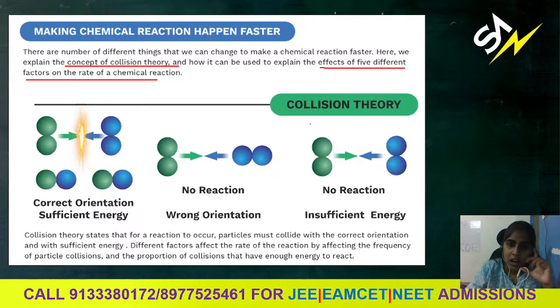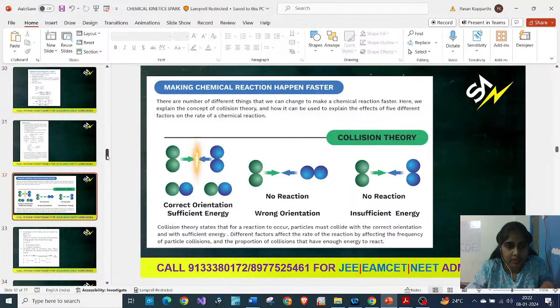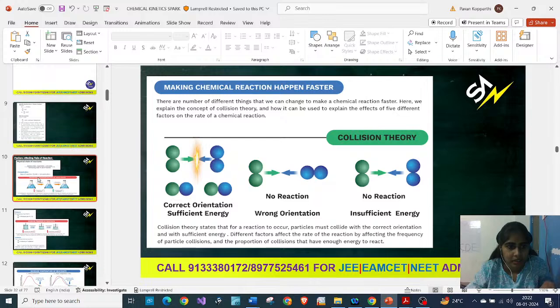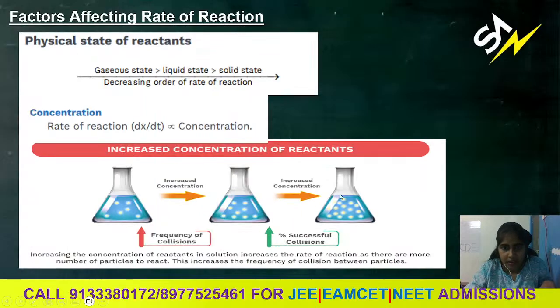Previously we have seen how the successful collisions take place, and the factors affecting the successful collisions. Here, there is a higher percentage of successful collisions in terms of concentration.